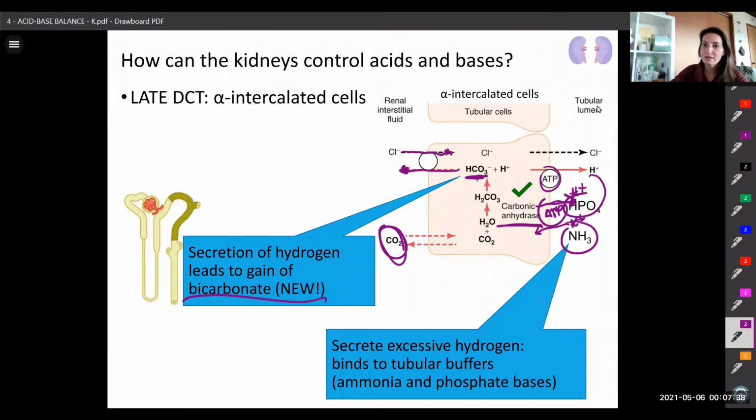So once again, the ability to build new bicarbonate and secrete hydrogen ions while doing this is going to depend on the body fluid pH that will determine whether carbonic anhydrase is active or not.